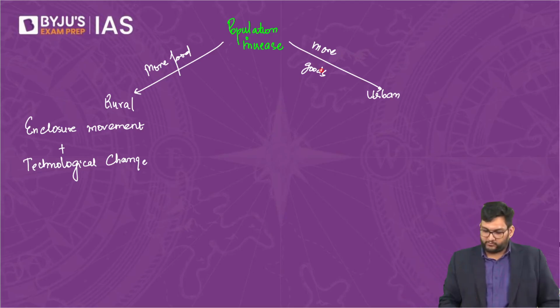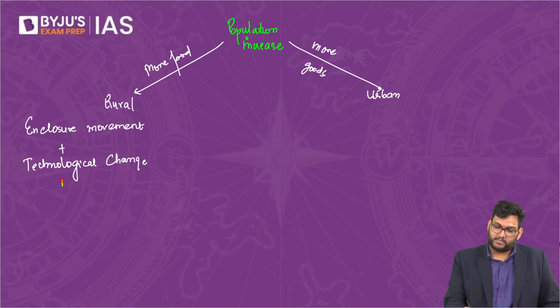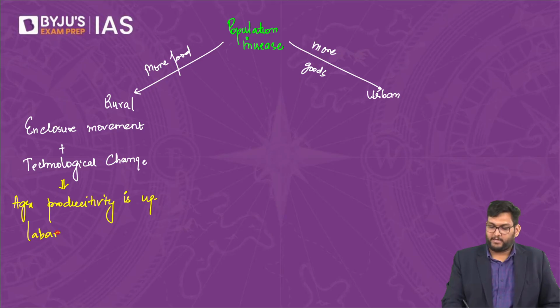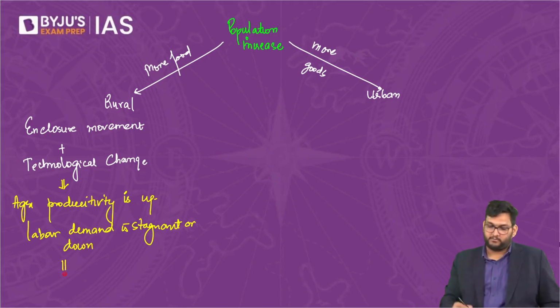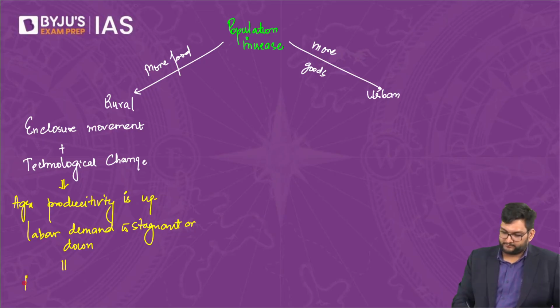So enclosure movement plus technological change leads to agri productivity is up, labor demand is stagnant or down, and this equals surplus unemployed labor.